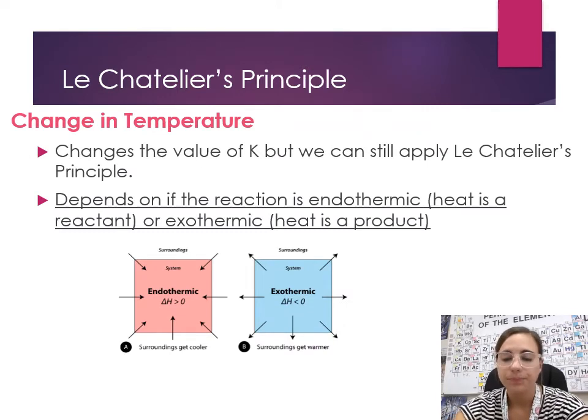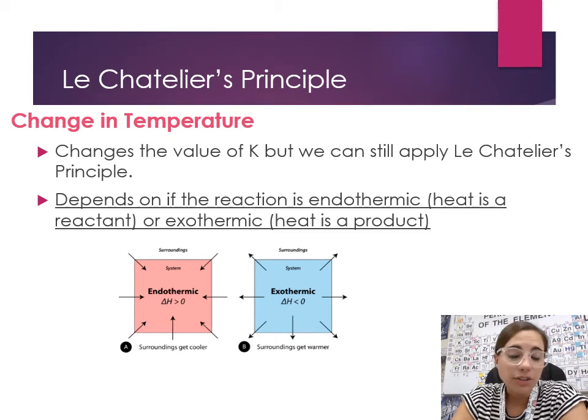So my third and final stressor is changing the temperature. Changing temperature does change the value of K, but Le Chatelier's principle still applies just the same. Now, changing pressure depended on where there were more gas molecules, in the reactants or products.